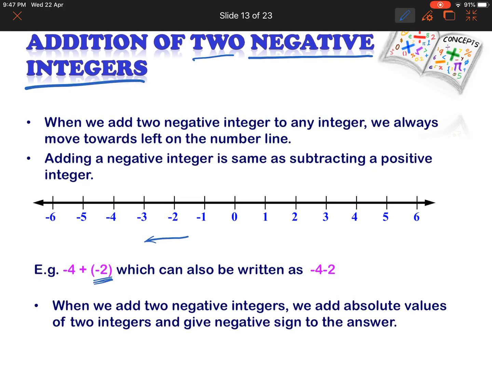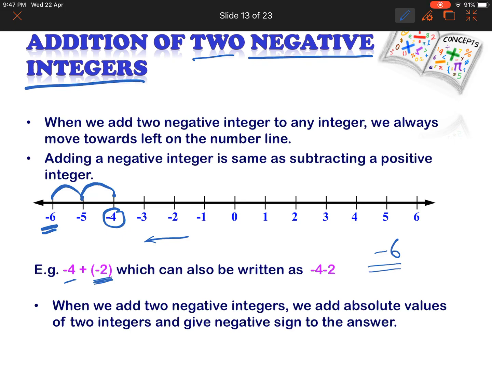Remember this rule. So if we want to add -4 to -2, we will take -4 and we will move 2 places to the left because we are adding a negative integer, which gives us -6 as the answer.